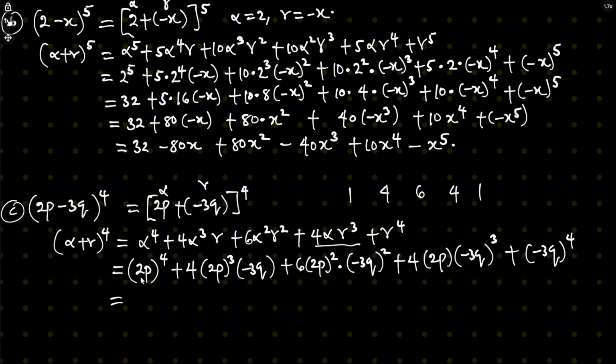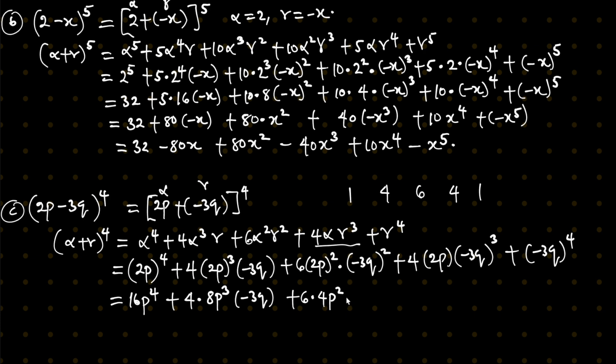Now 2p to the power of 4 is going to give us 16p to the power of 4 plus we have 4, 2p to the power of 3 is 8p cube, and then let's multiply that by this, plus 6 times 2 to the power of 2 is 4, and then we have p squared.